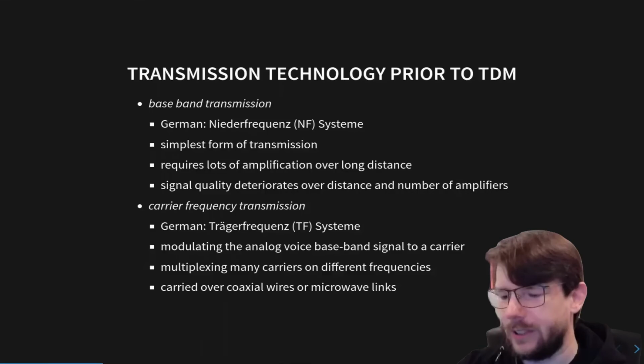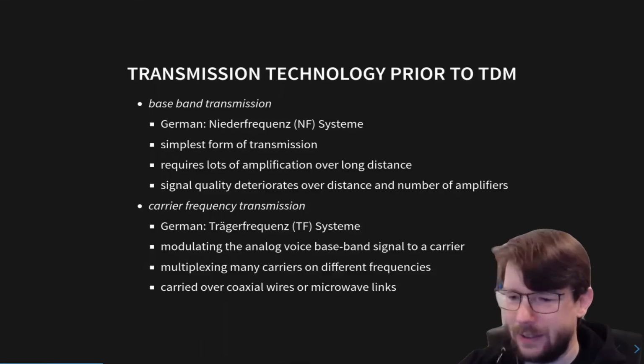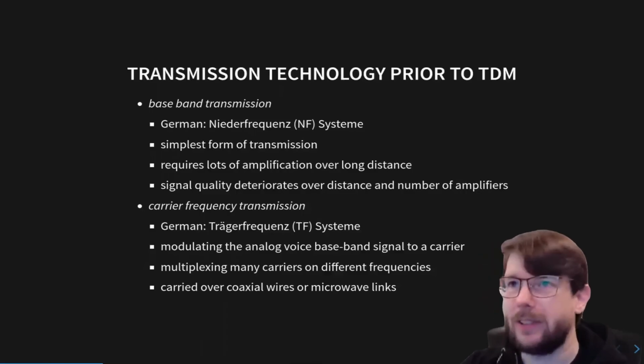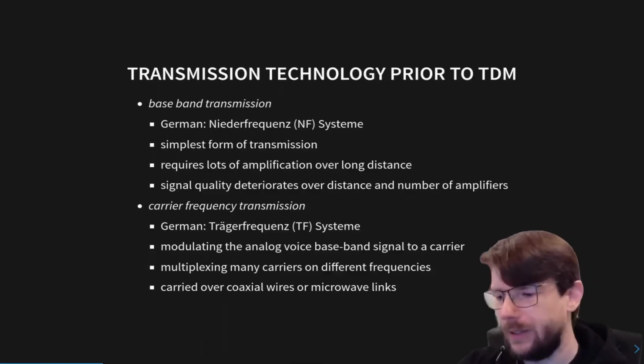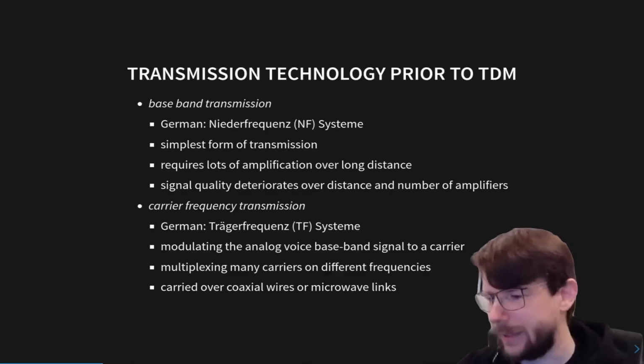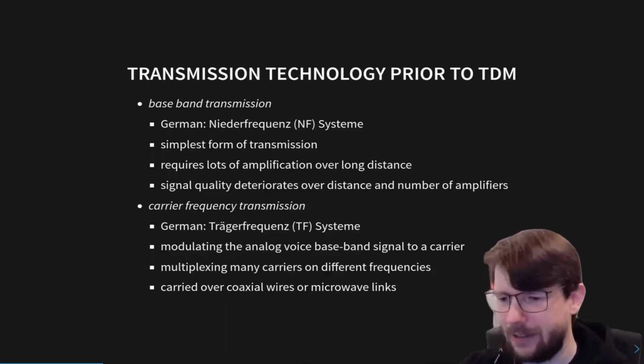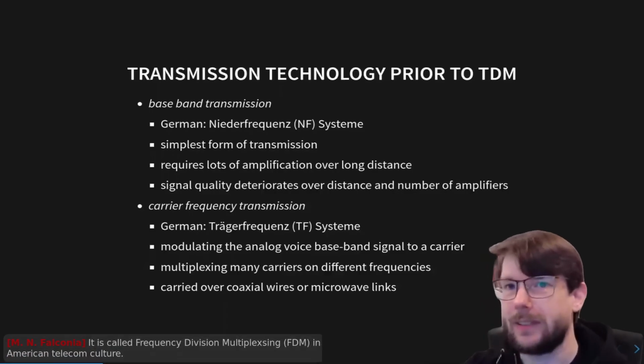Overall, you can carry lots of phone calls over a single pair of coaxial wires or microwave links or similar things, but it's all done completely in the analog domain. I'm not an expert on this, but I think there were TF systems with 2,700 calls or something like that.